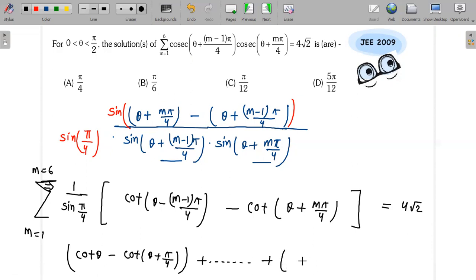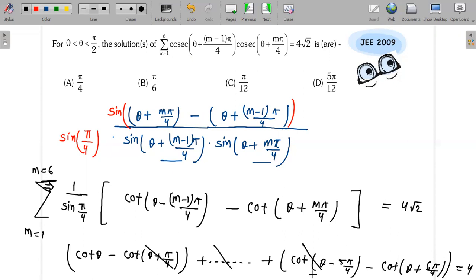when m equals 6. For m equals 6, I'll have cot of theta plus 5 pi by 4, and then I'll have cot of theta plus 6 pi by 4. This is something which equals 4 only. All right, so cancellation of terms will take place.